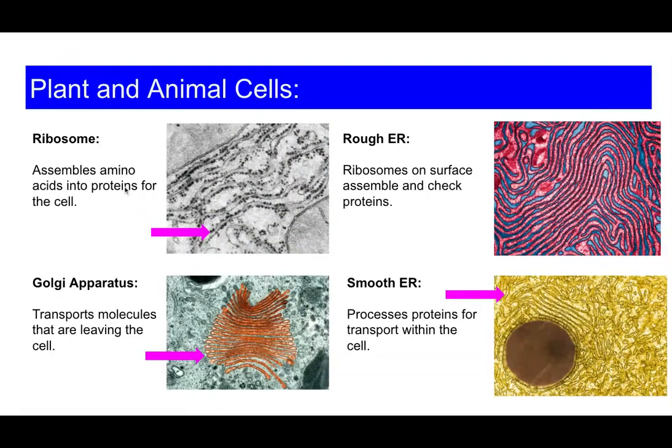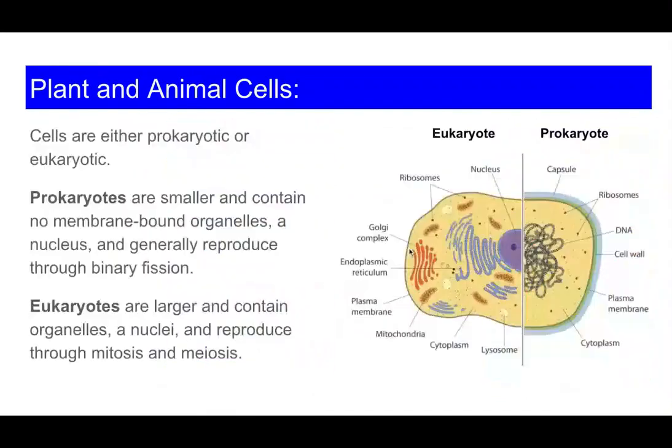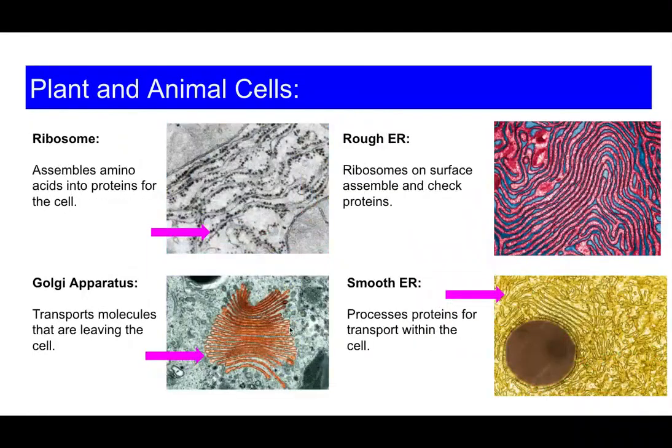These are our builders. We find them on the rough ER, and these are just these little foldy things. I'm actually going to go back a little so you can see they're right next to the nucleus. And so they're taking instructions from the nucleus and turning them into actual materials. So they're located near the nucleus, and these build them, but then also on the rough ER, they're checking that protein, making sure everything's good.